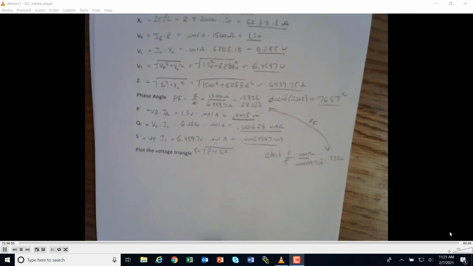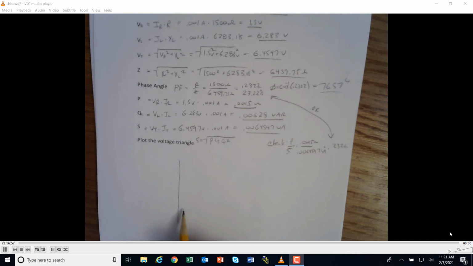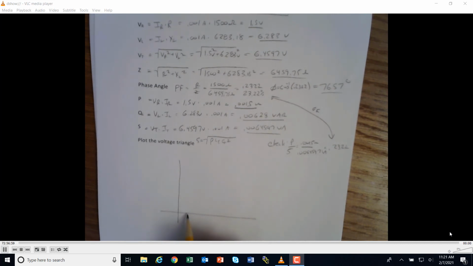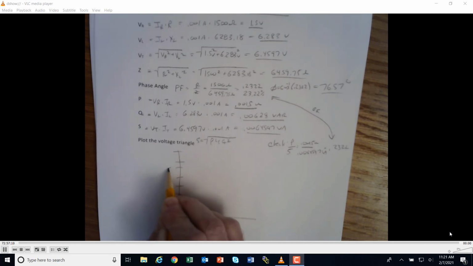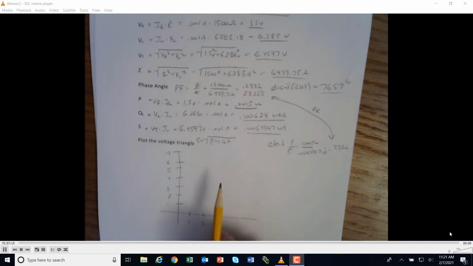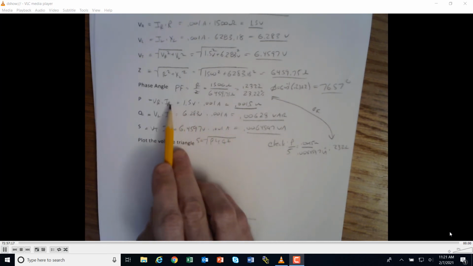Plot the voltage triangle, and we come down here. We're going to need some scale, and maybe each one of these is equal to 1. So 1, 2, 3, and we need this to kind of equal the same. 1, 2, 3, 4, 5, 6, 7. And so we have 1.5 volts of our real work here.